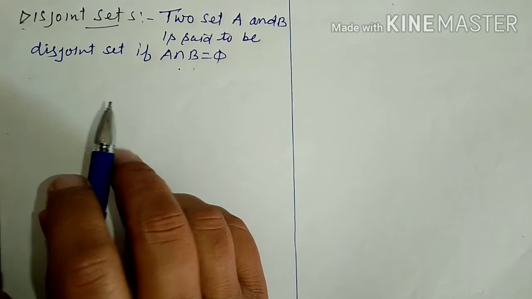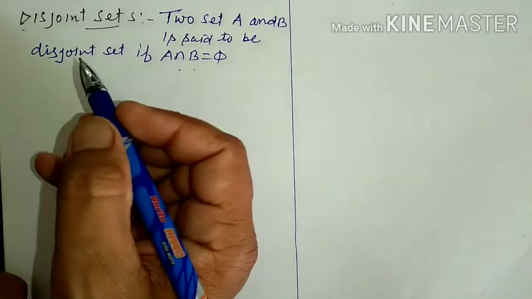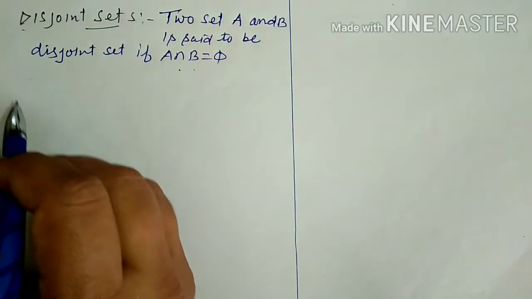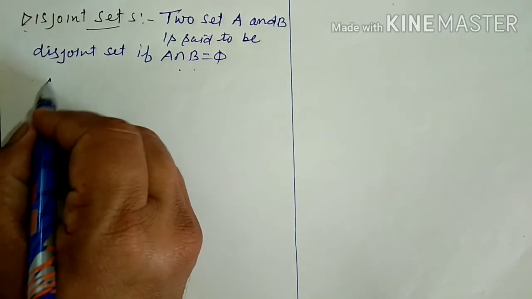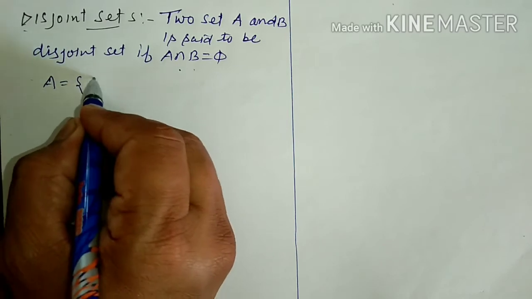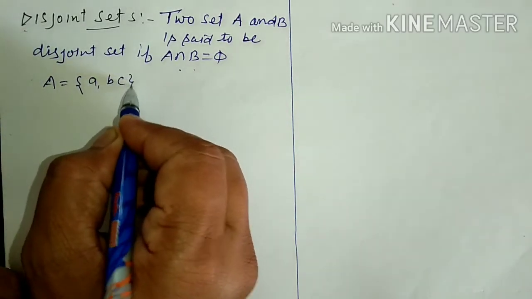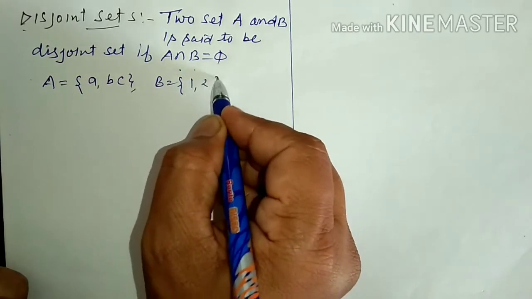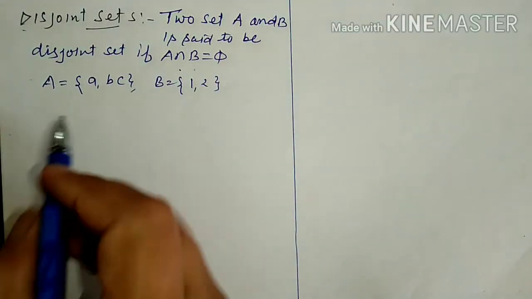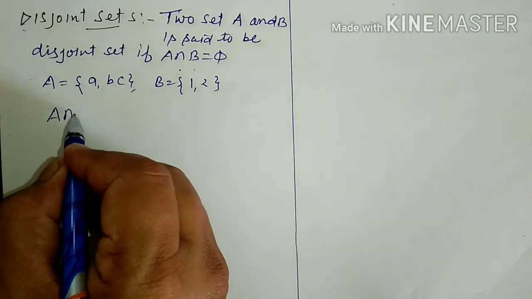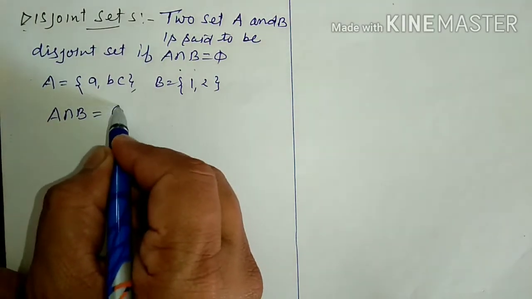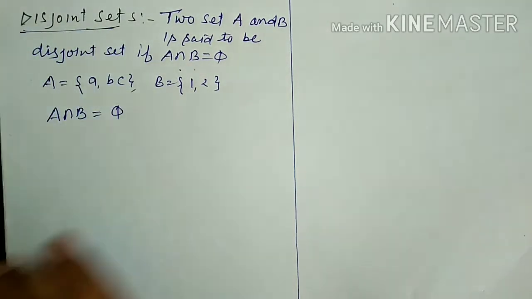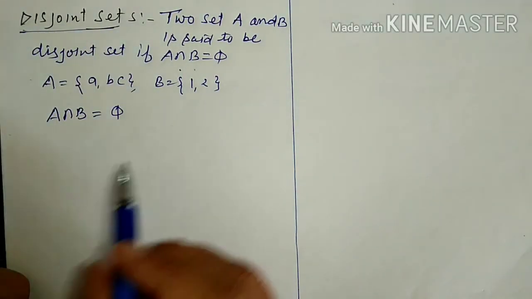Clear? कोई भी common element नहीं होगा, इसको हम लोग disjoint set कहते हैं. Clear है? So suppose that we have a set A containing a, b and c, and B is a set containing 1, 2. So we know that the intersection of both of them is phi. Phi means null set. Clear? So this is a disjoint set, meaning there is no common element between them.